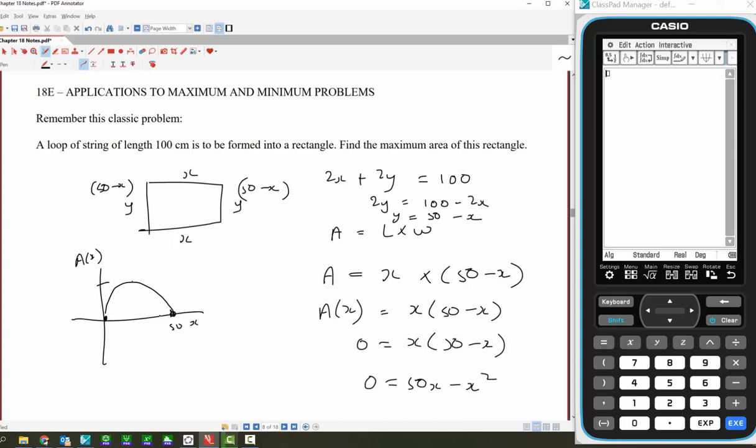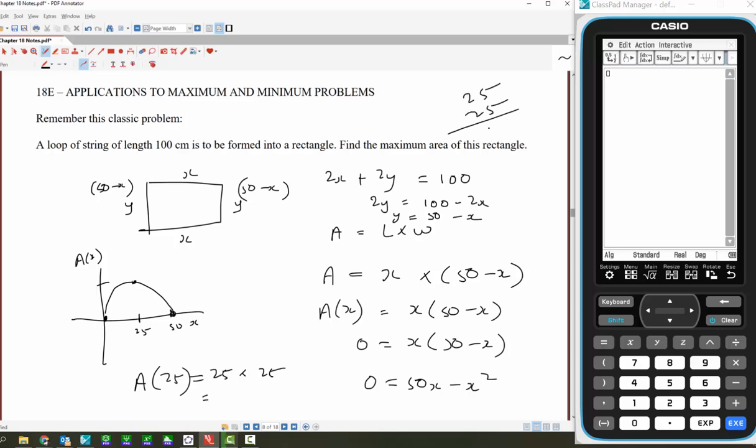So what this graph describes basically is how the area changes based on the value of x that you choose. And we know for parabolas that the middle of these two x-intercepts will be where the maximum occurs. So what we would have done previously is put 25 into my area function, just done A of 25, and that'll tell us that it is 25 times 25.